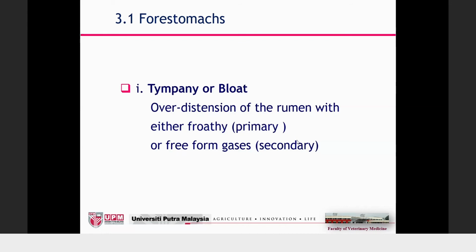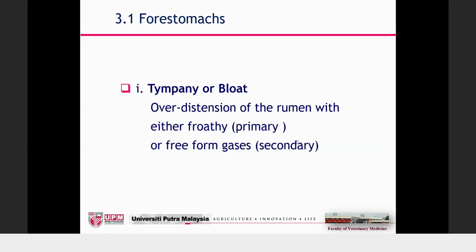So it can be primary or it can be secondary. And the importance of recognizing primary and secondary is with regard to our approach to the treatment. If it is primary, you have a different type of approach. When it's secondary, you might have a different approach to ensure that our treatment of solving the problem is successful.